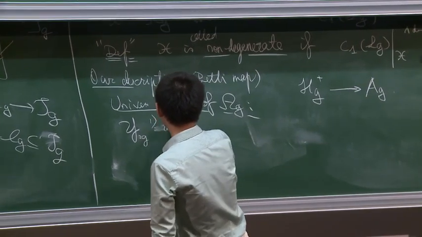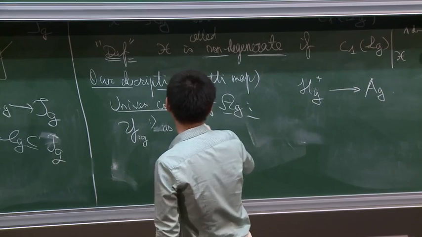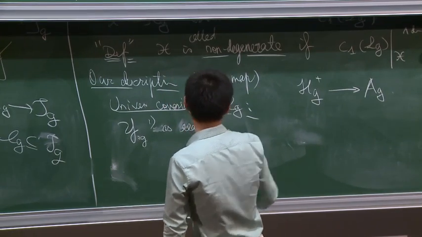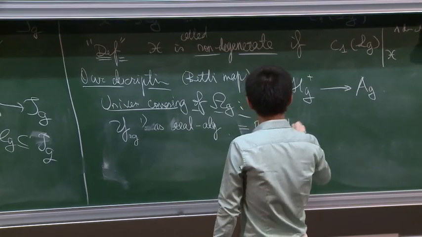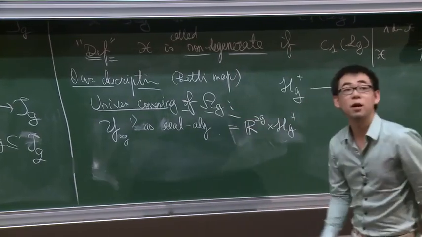First, as a set, or as a real algebraic object, it is R^2G times the Siegel upper half space.